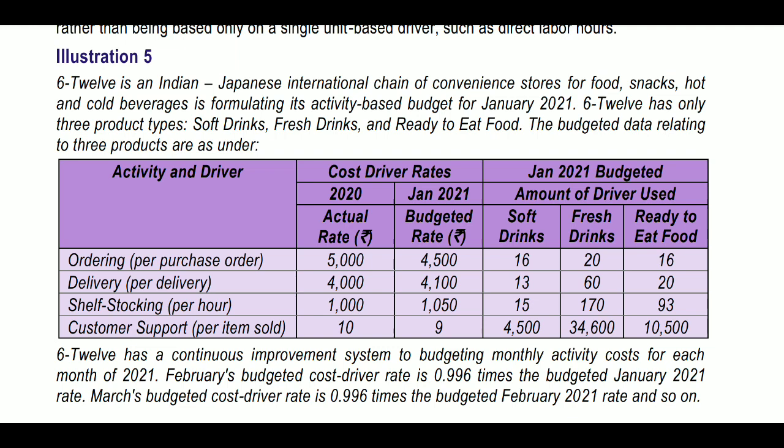It is formulating the activity based budgeting for January 2019. 612 has only 3 products: soft drink, fresh drink, and ready to eat food. For this we are providing a budget, so the particulars and 3 items will be taken.